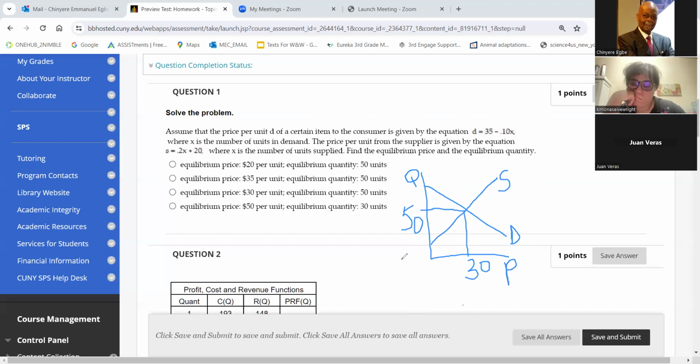You find out that at a price of 30, the quantity is 50, and there is no surplus in the market. Because if you put the price too high, what is going to happen? The buyers will buy less, and if you put the price there, you're going to have too much in the market.